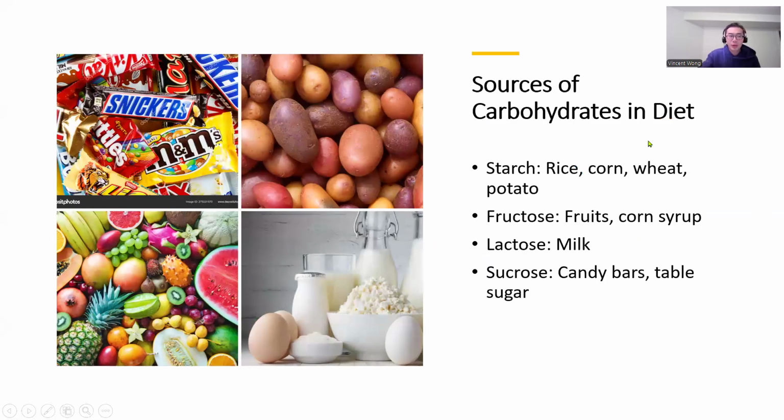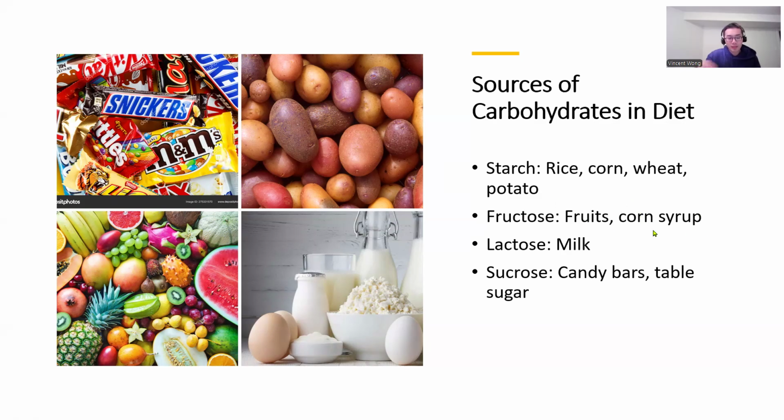Where do we get our carbohydrates? Well, there is certainly no shortage of carbohydrates in Western diets. We get our starch from rice, corn, wheat, potato, yam, cassava, pasta. All these things are very rich in starch. In addition, we also get other sources of carbohydrates, such as fruits and corn syrup.